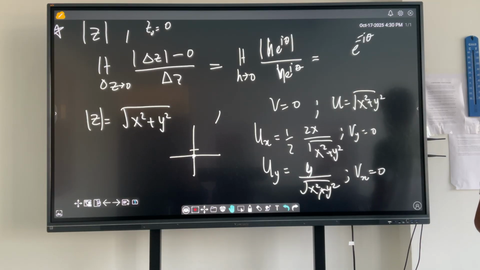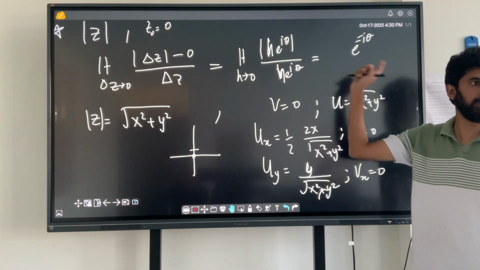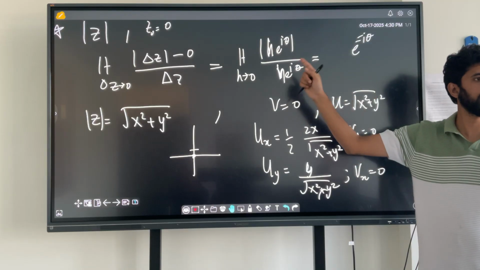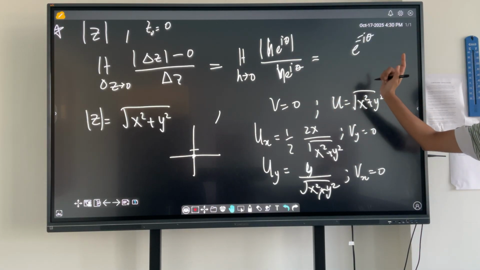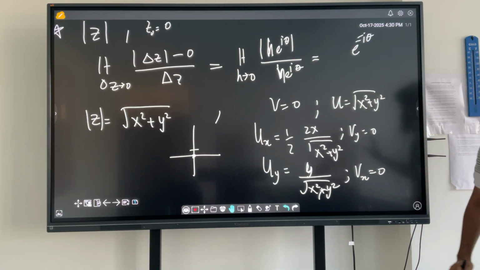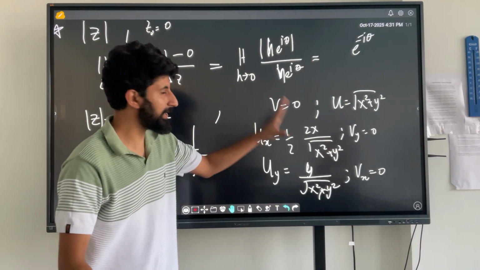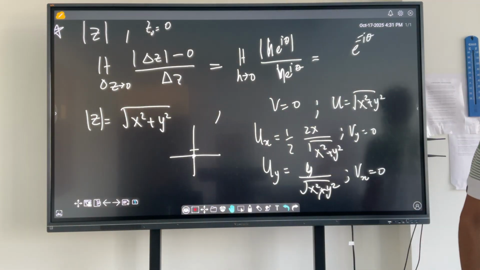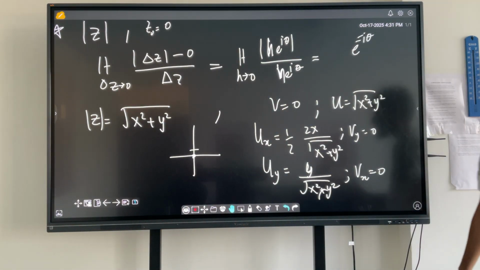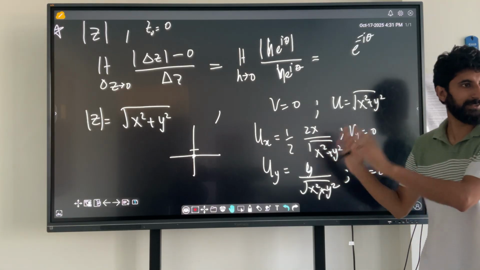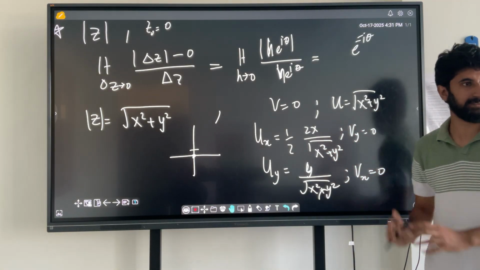It's because the function is not complex differentiable. It's theta dependent. We messed up, but we learned something out of it.